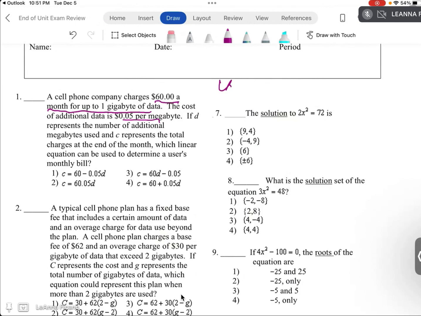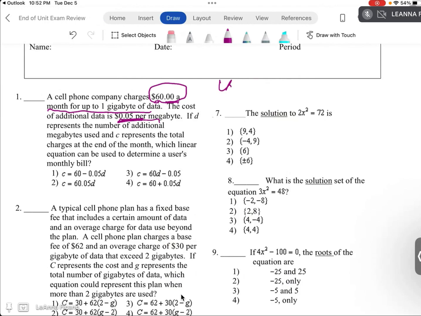So it's really important not just that you underline and annotate your problem. It's $60 a month for 1 gigabyte of data, right? Also, I want to put some information together.